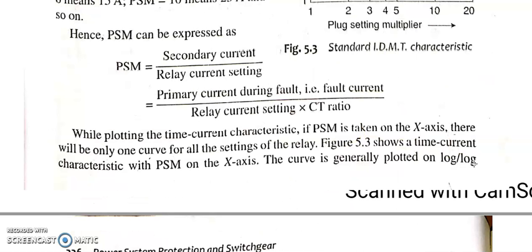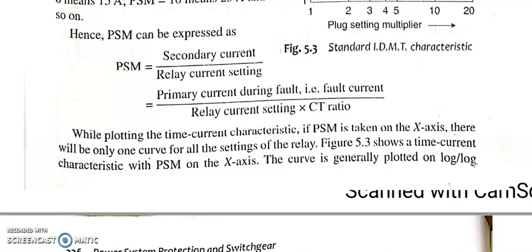So this is how we are going to calculate the plug setting multiplier. It is the ratio of secondary current divided by the relay current setting, the setting which you make using the plugs provided on the relay. One more formula: instead of secondary current you can write the primary current during fault, otherwise called the fault current.